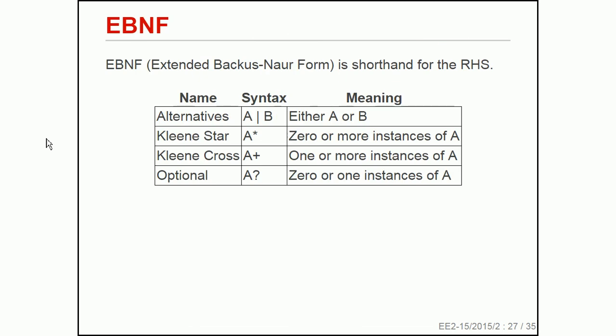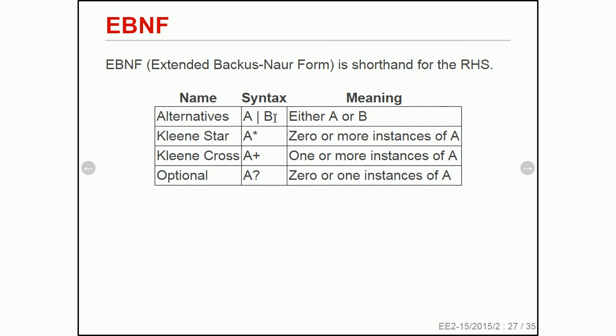So looking at EBNF, EBNF is a way of creating the right-hand side of a grammar more easily and more concisely. So on the left-hand side, we're going to still have a symbol that we're defining, while on the right-hand side, we're trying to build more complex things and more human understandable things.